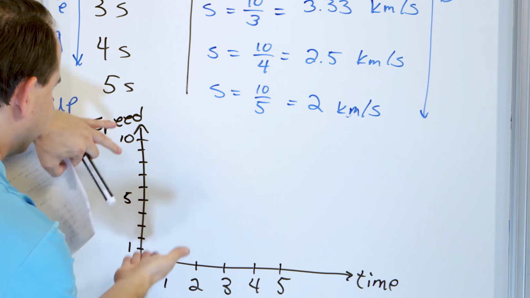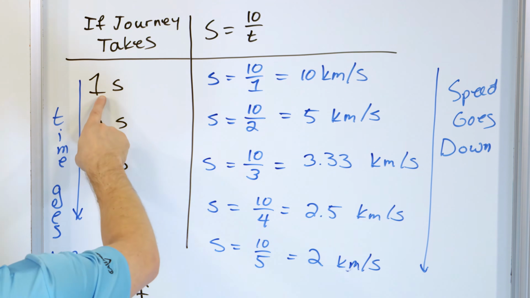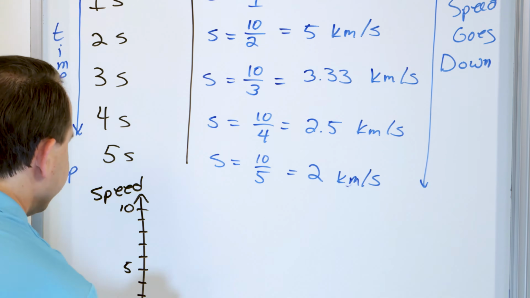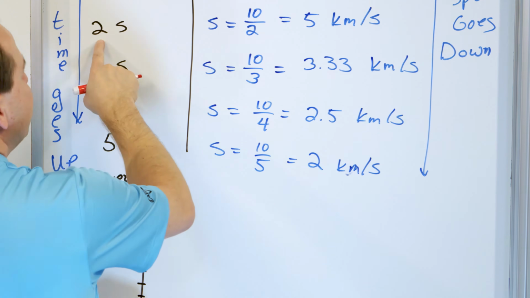And of course, the distance between the tick marks isn't quite the same, but it's still going to show me basically what I'm trying to find. If it takes me 1 second to go on this journey, then my speed must be 10. So 1, 10. That's the first point. 2 comma 5.